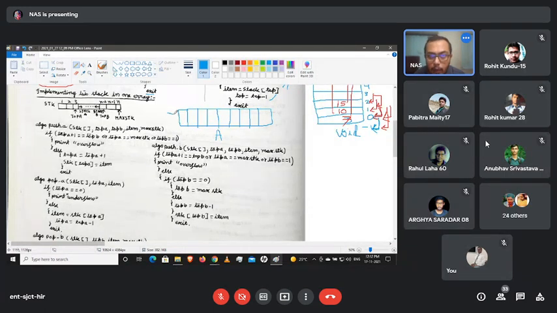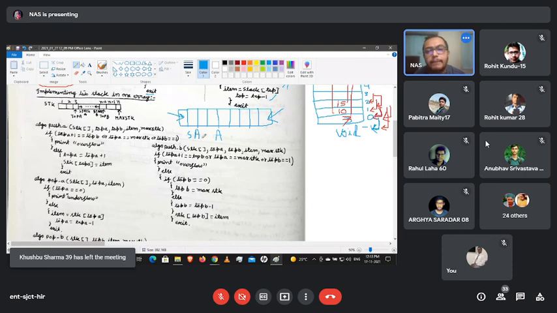One insertion and deletion operation is going to occur from this side, and another insertion and deletion operation is going to occur on this side, because this one will be the top for, let's say, stack A1, and this one will be the top of the stack A2.